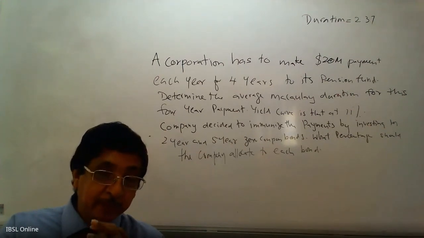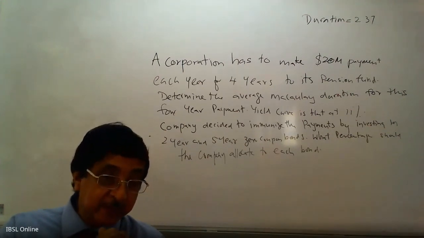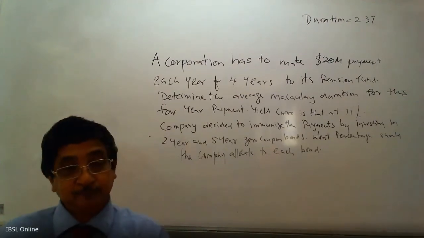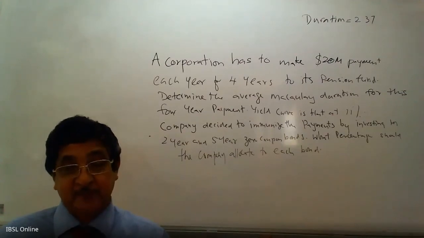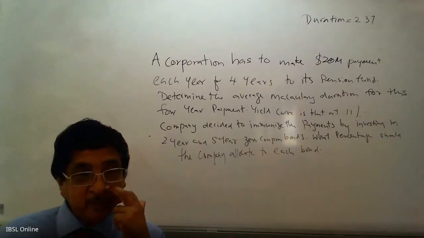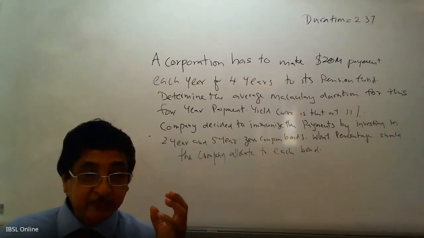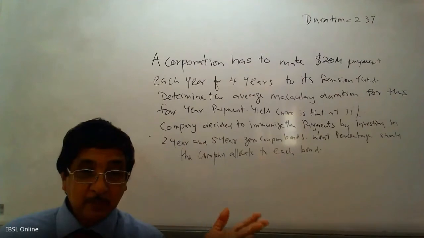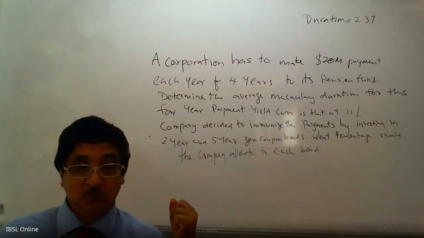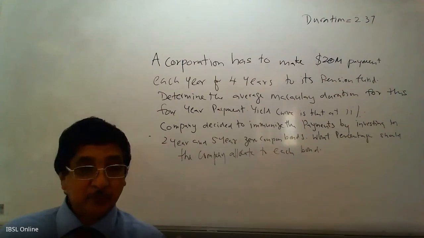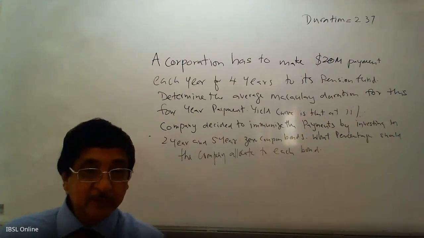But now the company's financial analyst decided to immunize these payments. Why are they going to immunize? Because if the interest rates go up, the present value of these payments will be very low. So therefore, they want to immunize the payments.